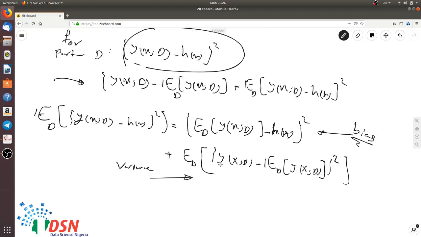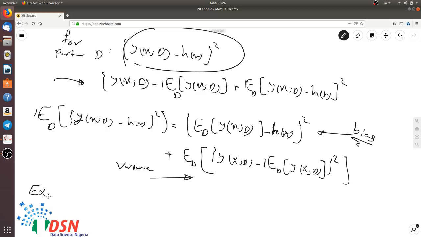And this tells us how much the prediction of the model is different from the expected or the average value of the prediction of the model. So it is kind of a variance definition. So we call this variance and call this bias.